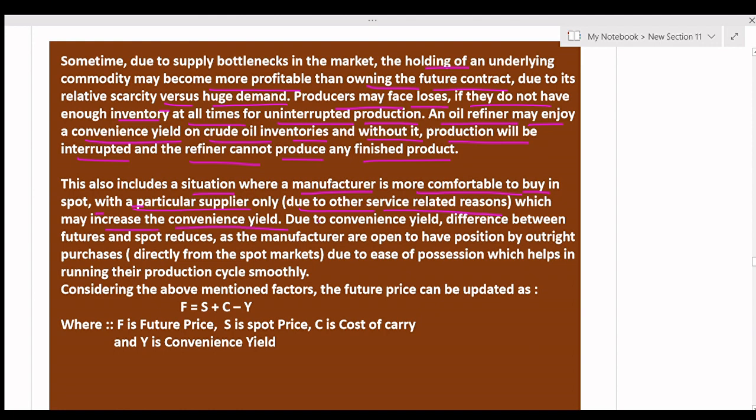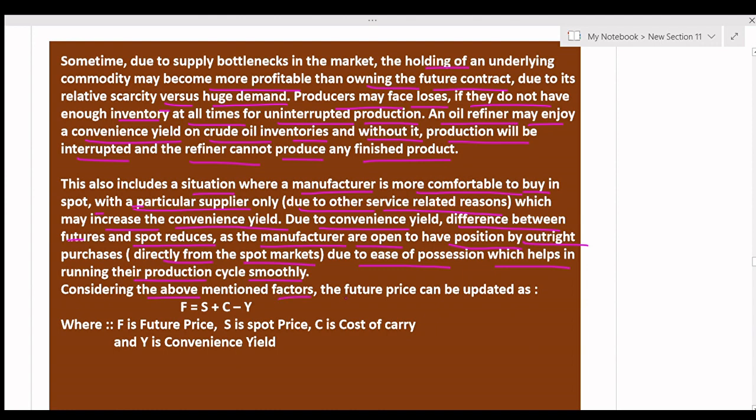Due to convenience yield, the difference between future and spot reduces, as the manufacturers are open to have a position by outright purchase directly from spot markets due to ease of position, which helps in running their production cycle smoothly.